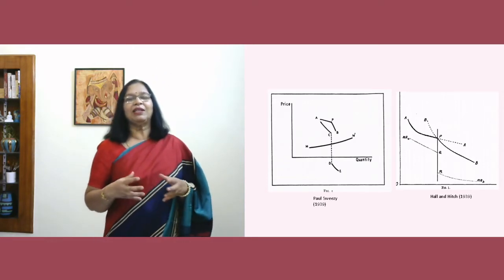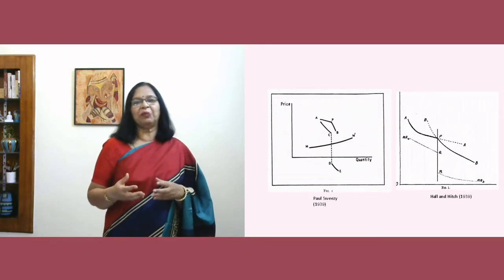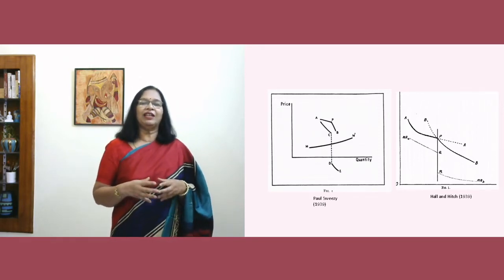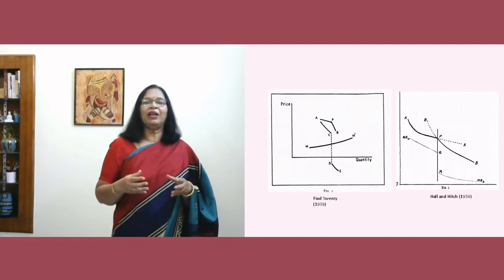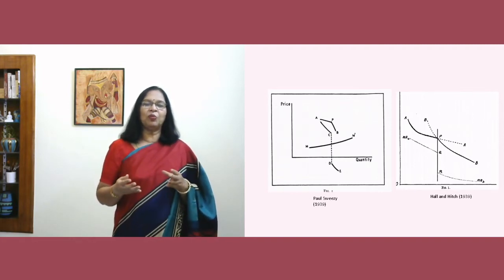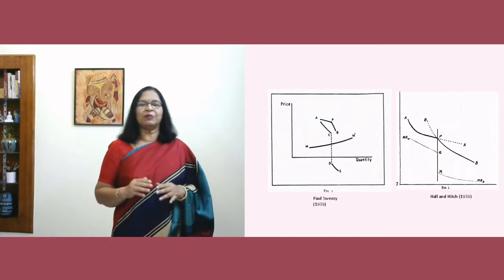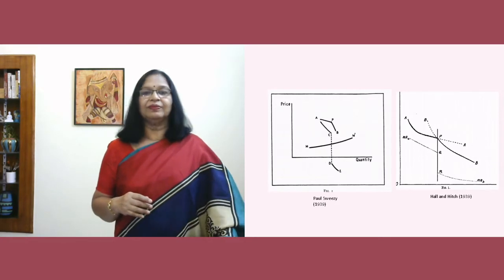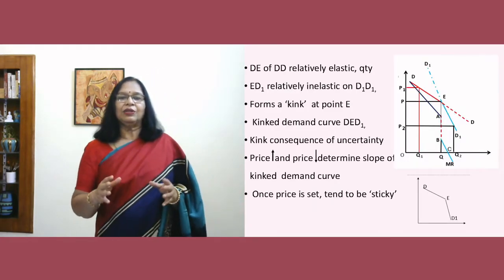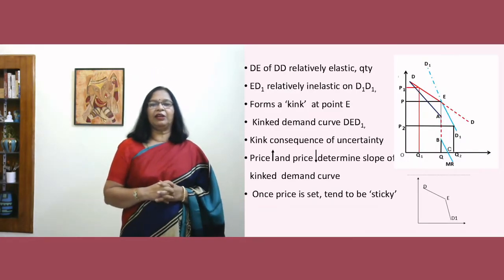But now when we teach in classrooms, in academic textbooks, something has been changed, and a more convenient diagram showing the characteristics of both diagrams is used. I shall be using that diagram for you. So let's follow this diagram.